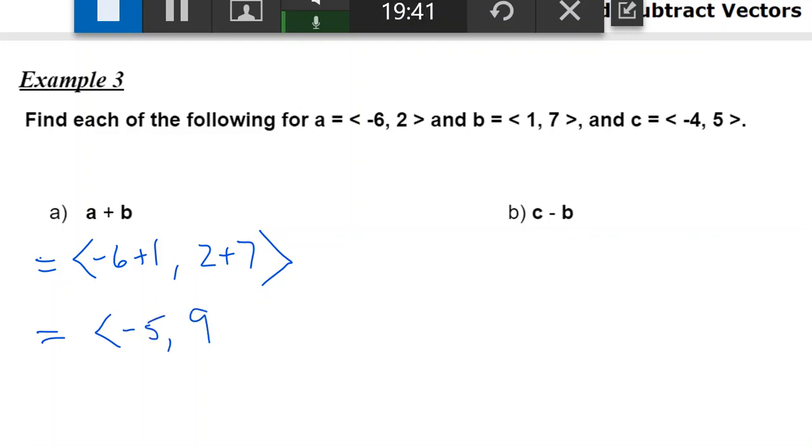Now, A is saying I should go 6 left and up 2, and B is saying I should go right 1 and up 7. And so by the time I get through doing both of these tip to tail, I've actually gone left 5 and up 9 altogether. That's that dotted line that's showing the combination of the two of these.